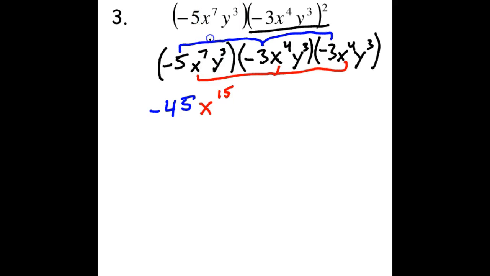And then lastly, we're going to have y to the 3rd times y to the 3rd times y to the 3rd. So add those all up. 3 plus 3 plus 3 is 9. So we'll have -45 x to the 15th times y to the 9th.